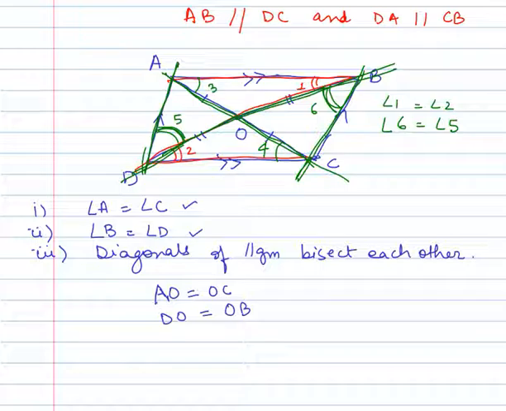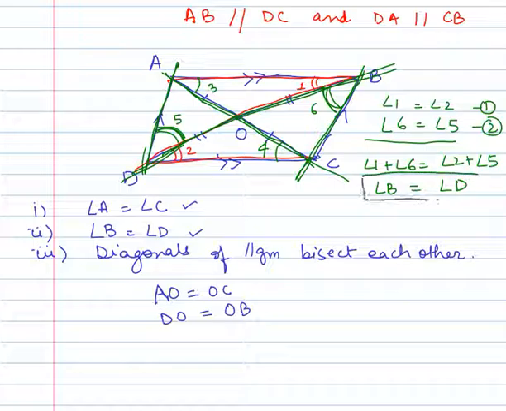We should write it this way because we want the whole angle B. Angle B is formed by 1 plus 6. Now if we add these two equations, angle 1 plus angle 6 is equal to angle 2 plus angle 5. Angle 1 plus angle 6 becomes angle B and angle 2 plus 5 becomes angle D. See, which we had to prove.